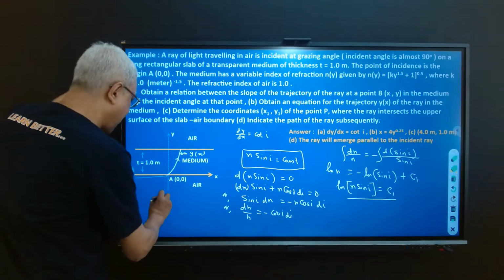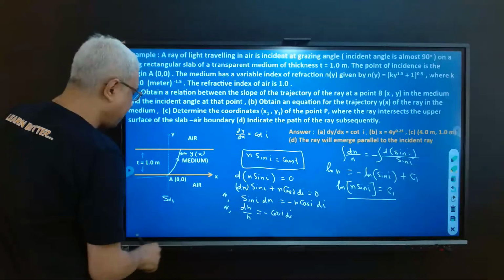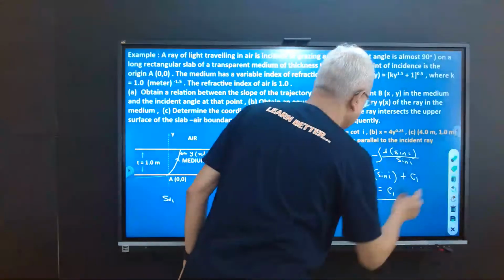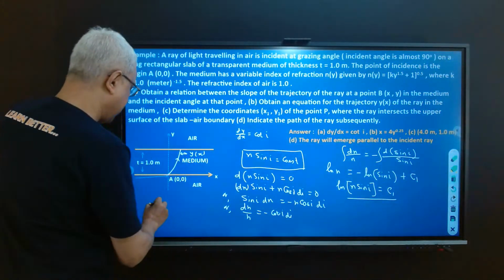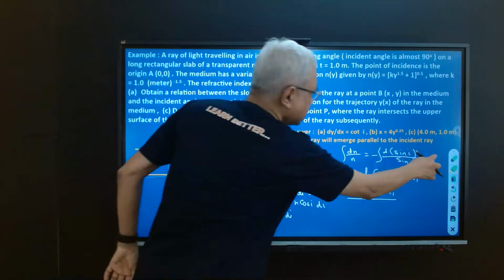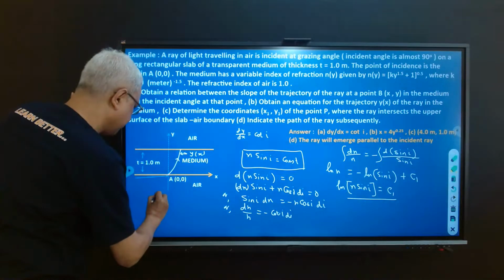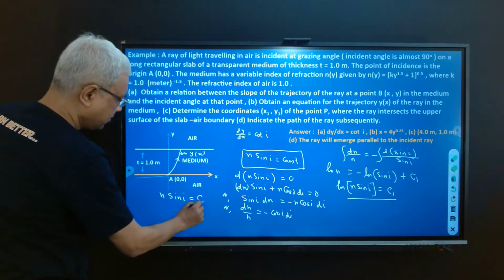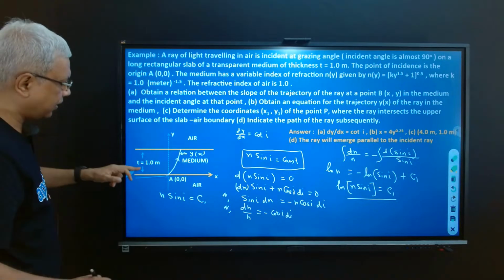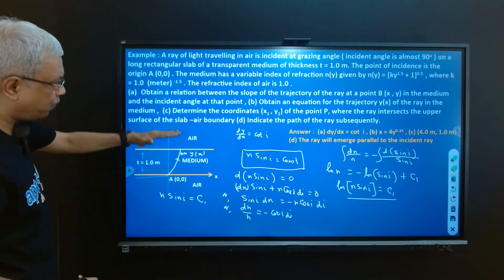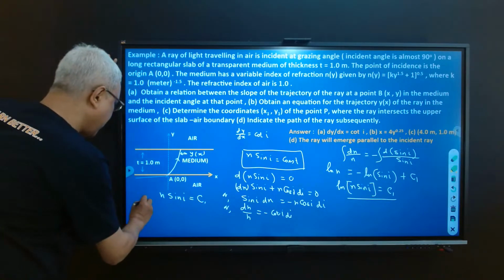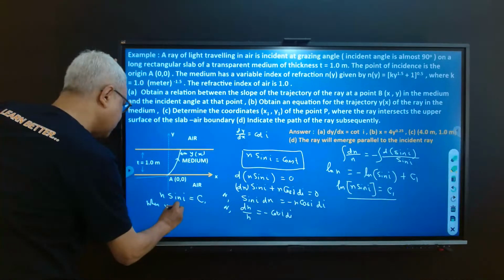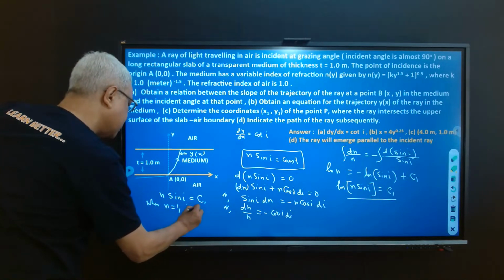Now what is the value of this constant? Let me try to find out. So n sin I is equal to some constant C1, say. Now this formula is applicable for all points in this geometry. So when n is 1, I is almost 90 degrees.